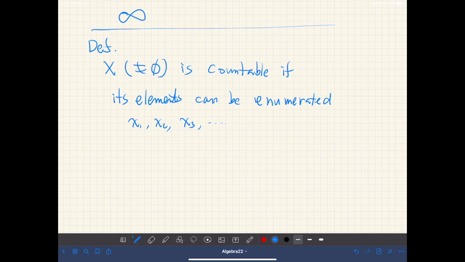In other words, X can be represented as something like this. Sometimes this can be a finite set, sometimes it can be an infinite set. But in either case, as long as it is enumerated like this, x1, x2, and so on, then it is said to be a countable set.